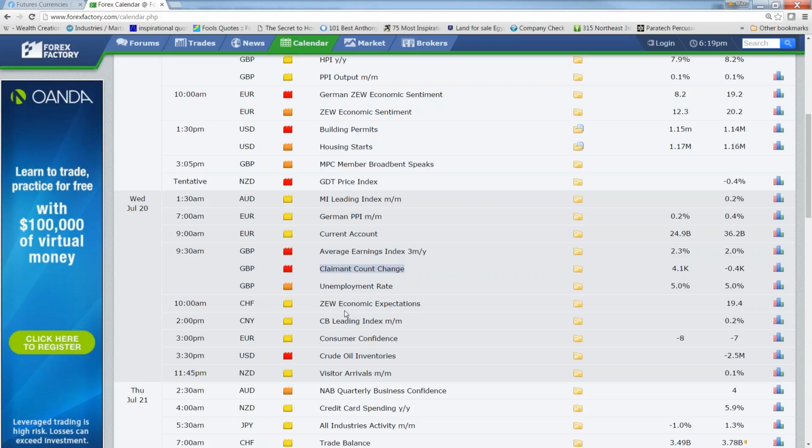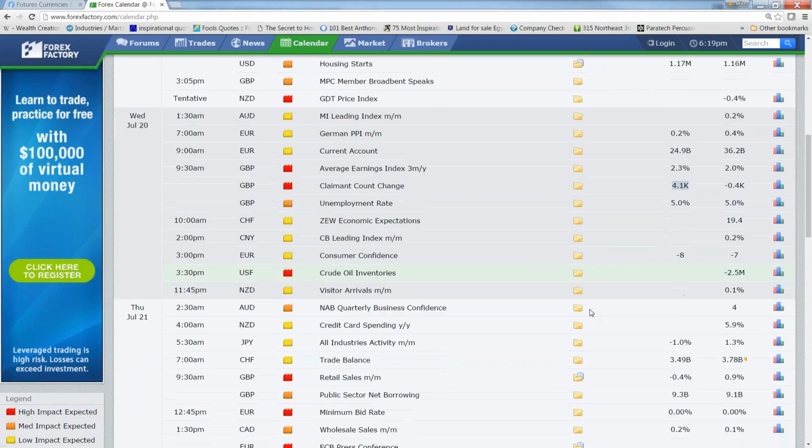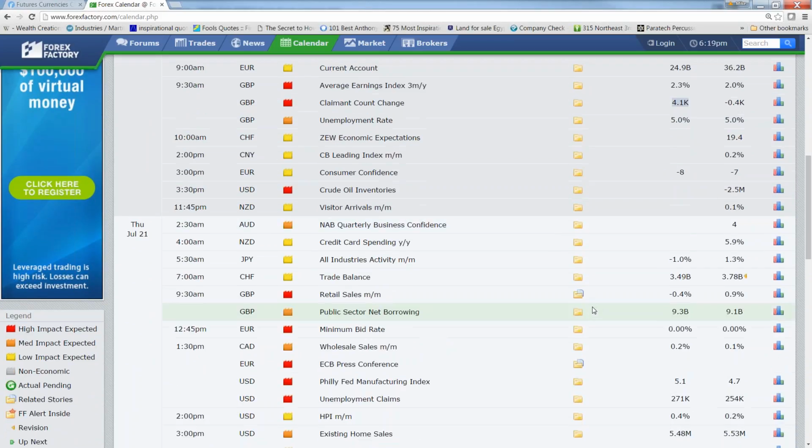I don't know, but I'm sure it's going to be pretty much the same, and even if it did happen, I don't see that pushing the market. Only if it's high, then it's going to press the pound lower.